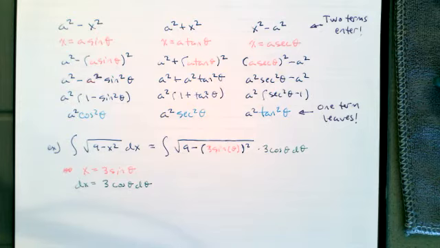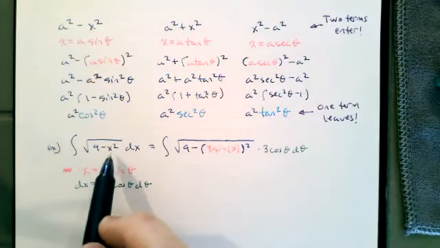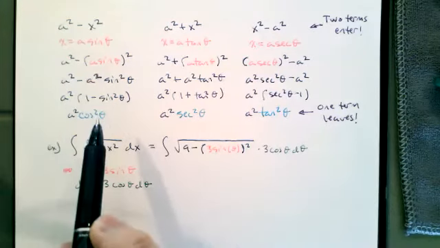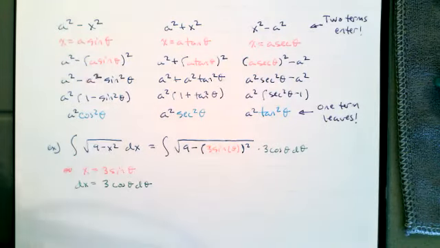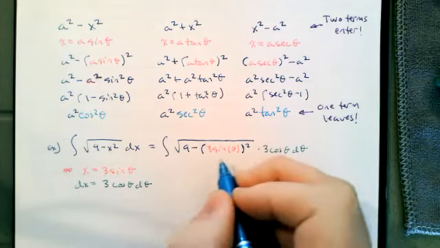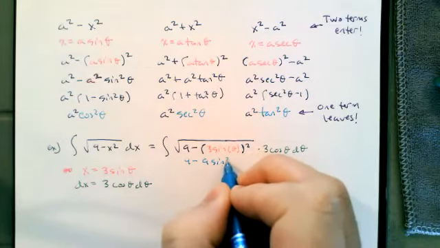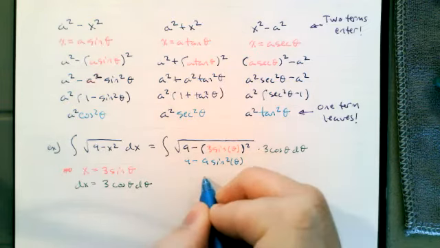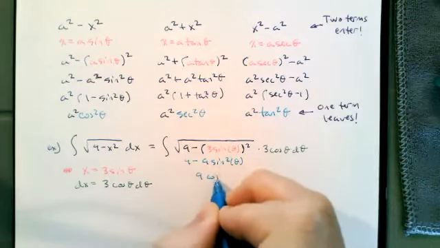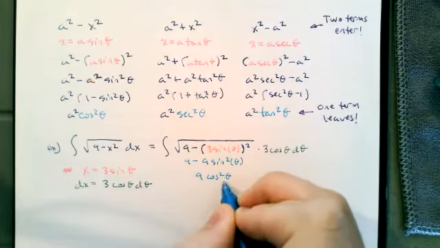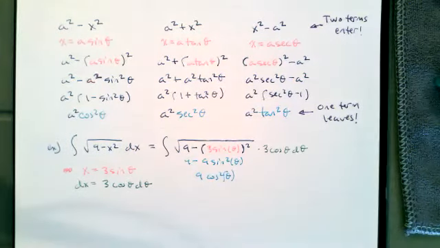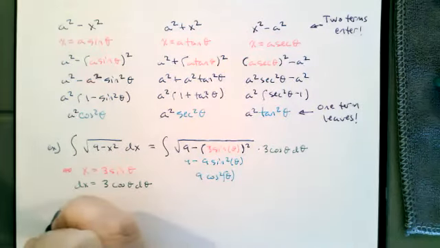Where we got the idea to do the trig sub, this 9 minus x squared, that's where the thing happens. That's where our Pythagorean identity shows up. So this is all 9 minus 9 sine squared theta, which is all just 9 cosine squared theta. So the next thing that happens is a Pythagorean identity.